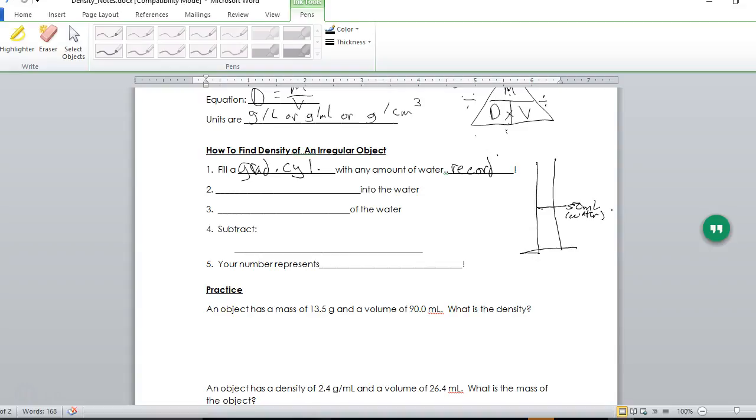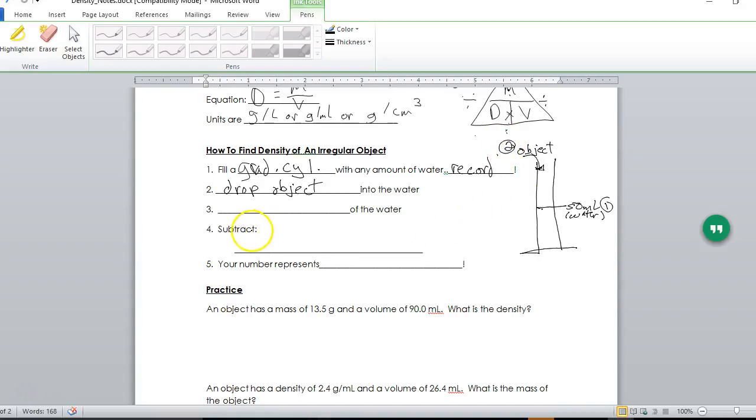The next thing you're going to do is drop the object of interest that you're trying to figure out the volume of, or the density, into the water. So you're going to put the object into the water. This is step 1, and this is step 2.